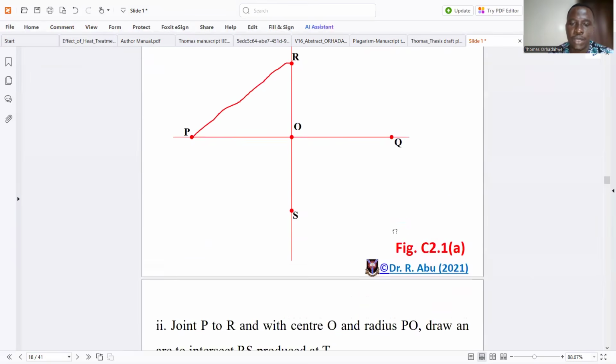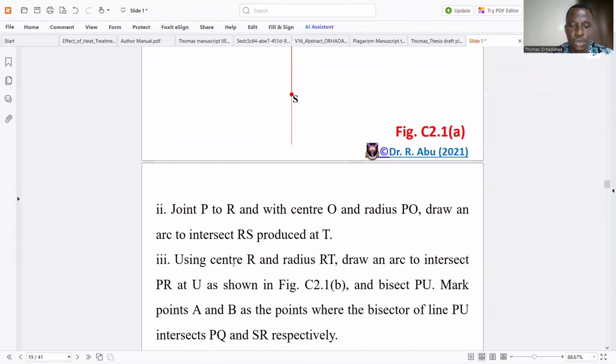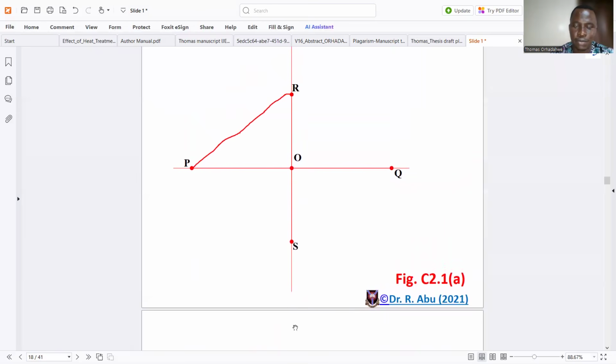After you join PR with a straight line, the next thing is, with center O and radius PO, draw an arc to intersect RS at T. So this is RS.